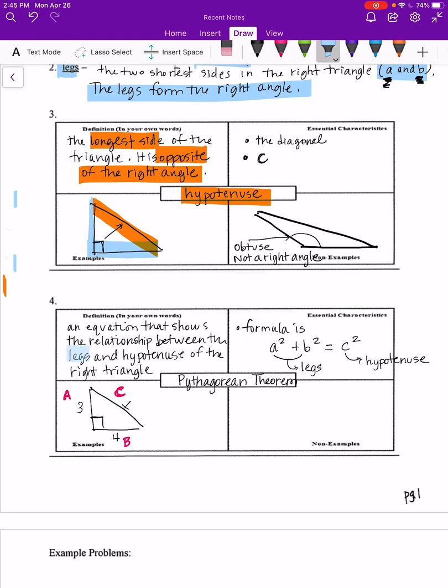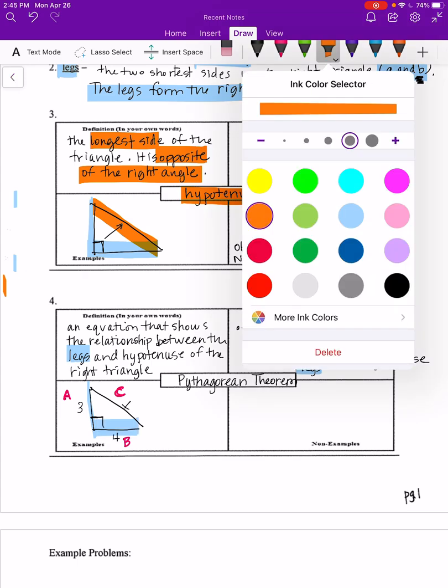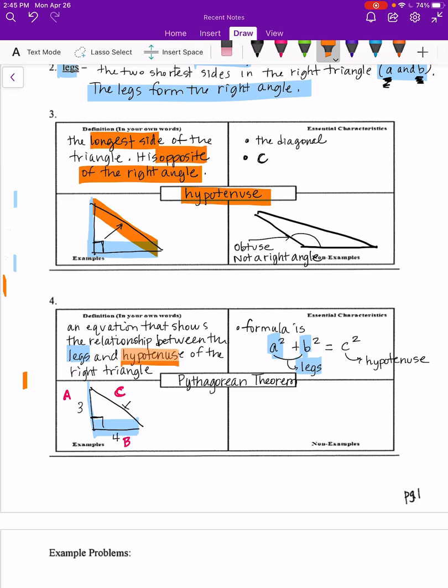So the legs here are A and B. Those are my legs. C is my hypotenuse. That's right here.